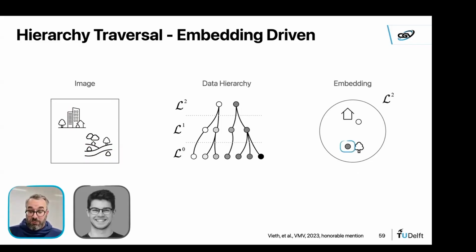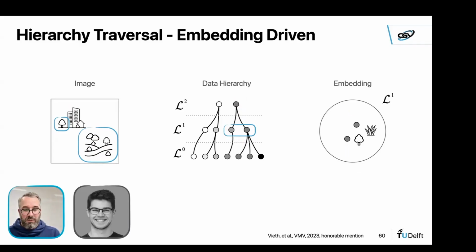Now, if I want to zoom in, say in this area, I would select the corresponding point in the hierarchy. I would also select the corresponding regions in the image. But getting more detail would mean I move down in the hierarchy, get everything that's related to this, and then create a new embedding that shows this, be it as its own image or in this focus plus context approach. But the general idea is always we go from top to bottom in the hierarchy.